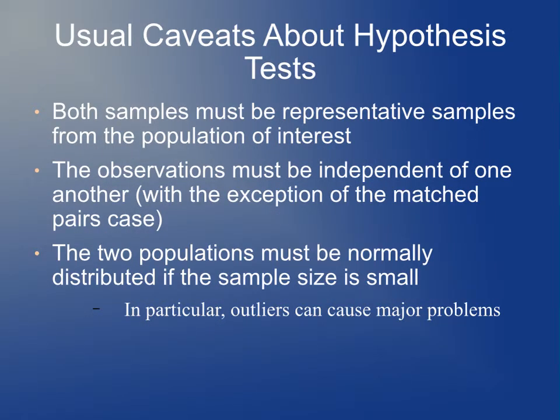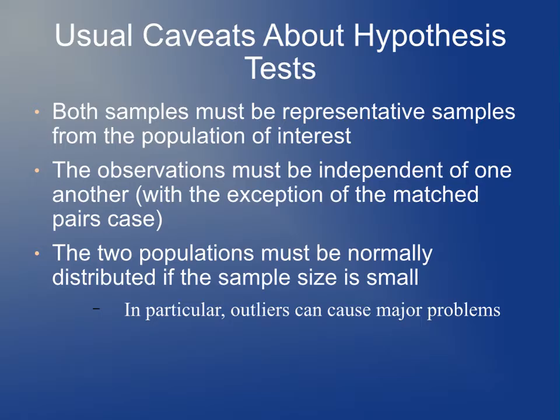So, also mention the usual caveats about hypothesis tests. Both samples have to be representative samples from the population of interest. If you have a biased sample, then you're going to get incorrect results no matter what you do. The observations must be independent of one another and independent of the observations in the other group, with the exception of the paired two-sample t-test.